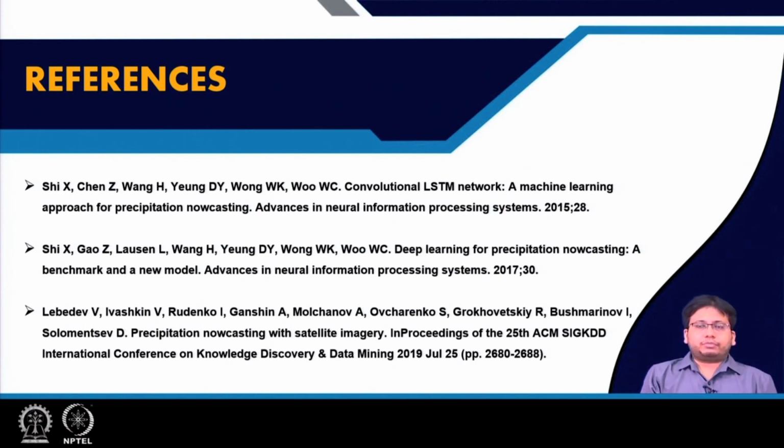The basic point to remember is that when we are trying to estimate the spatial field of a particular variable, to predict a spatial map, and we focused on precipitation but it can be done for other variables also potentially, it is important to incorporate a convolutional component into your machine learning model.